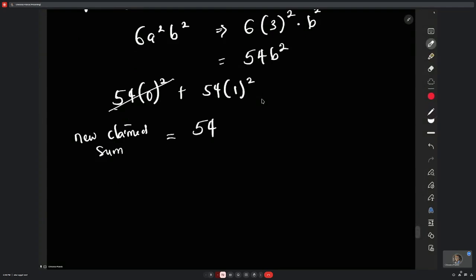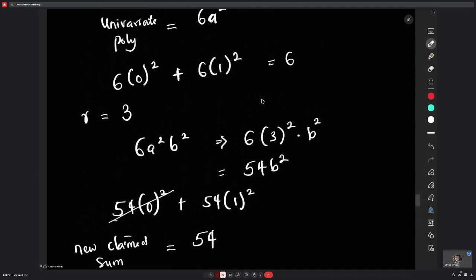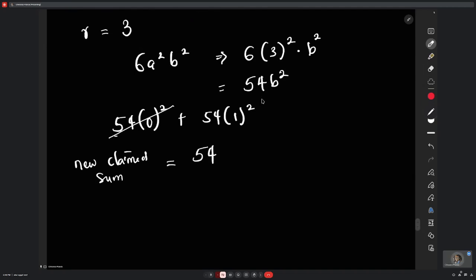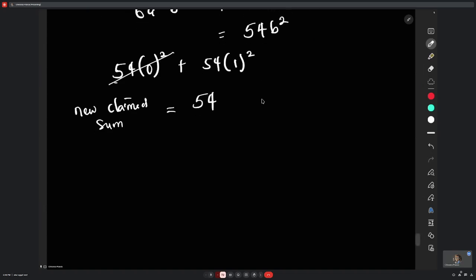You can get a new claimed sum from the previous univariate, right? The verifier is going to evaluate 6a square at r equal to 3 to get the new claimed sum that he will use for verification. So that's 6a square, which is 54, right? 6 times 9.